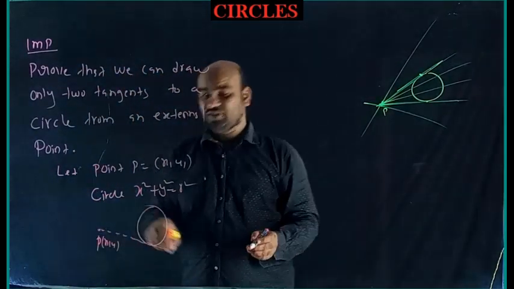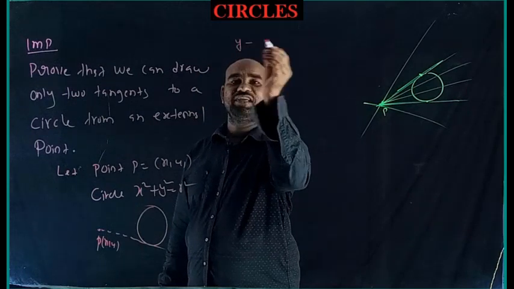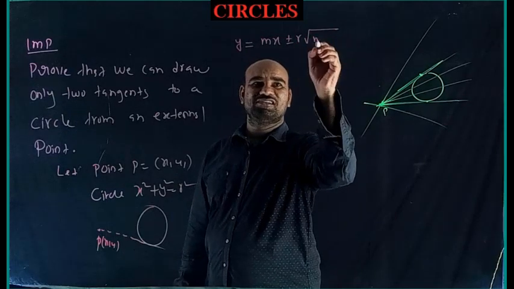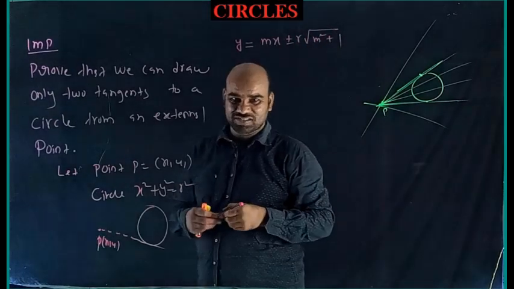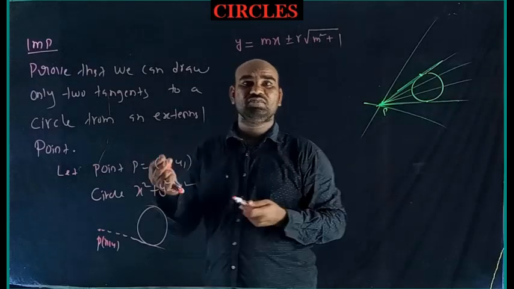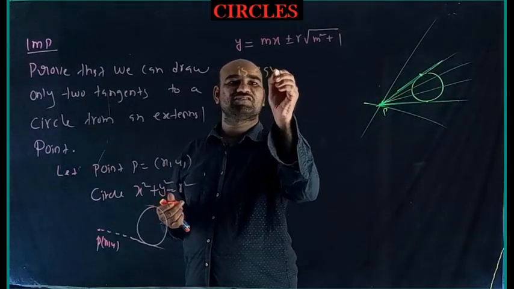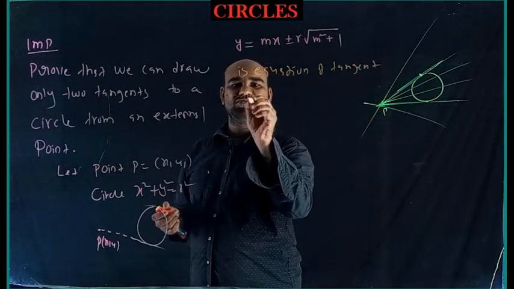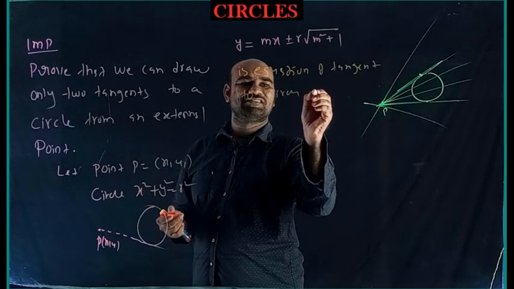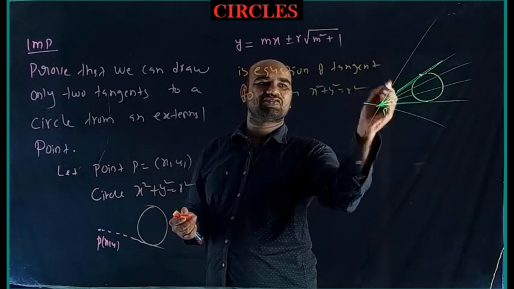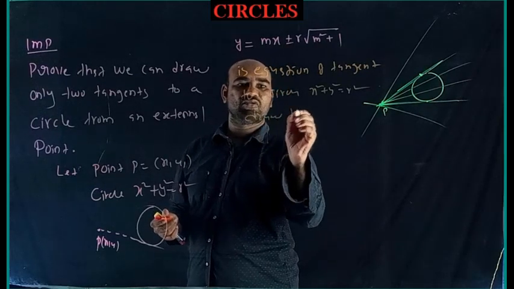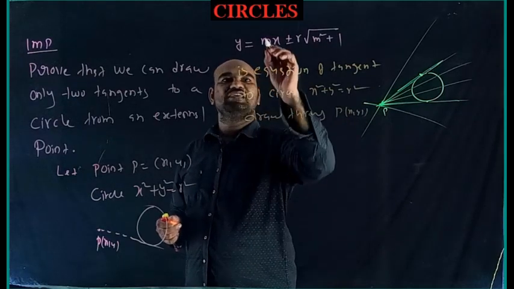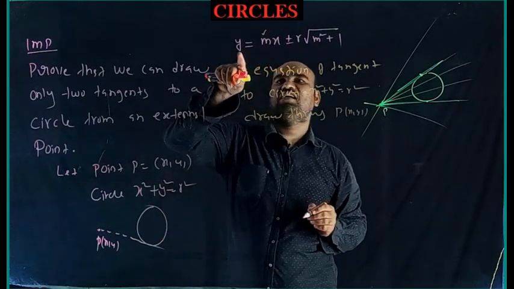You know how to find the equation of the tangent: y equal to mx plus or minus r into root over m square plus 1 is one of the equations of the tangent to the circle x square plus y square equal to r square drawn through P (x1, y1). m is the slope of the tangent.